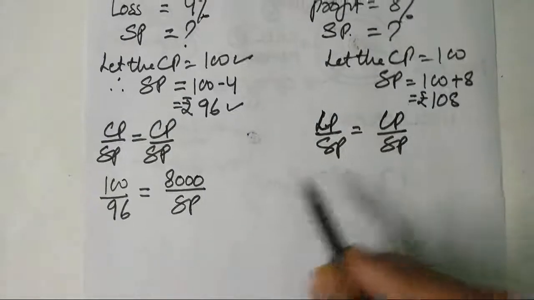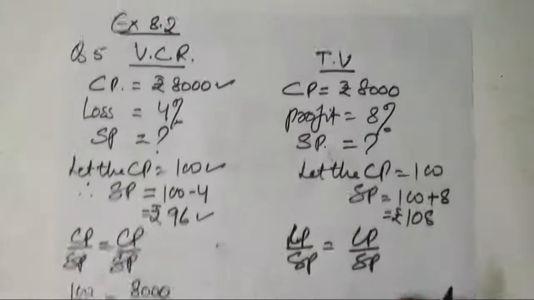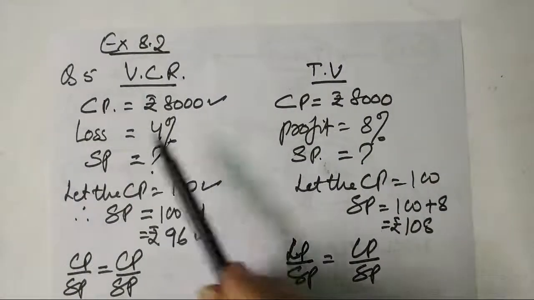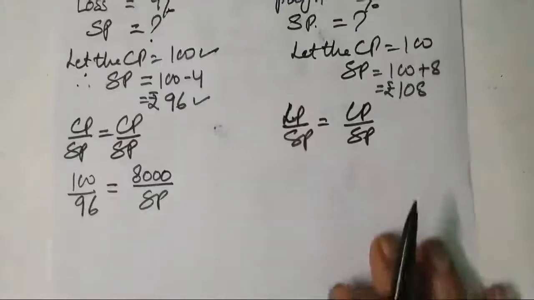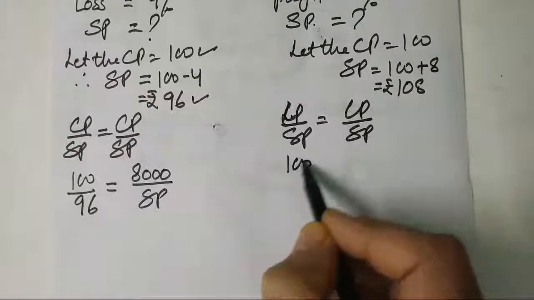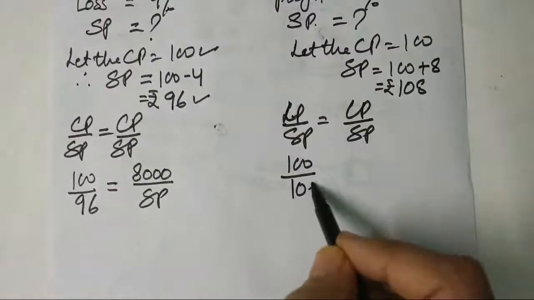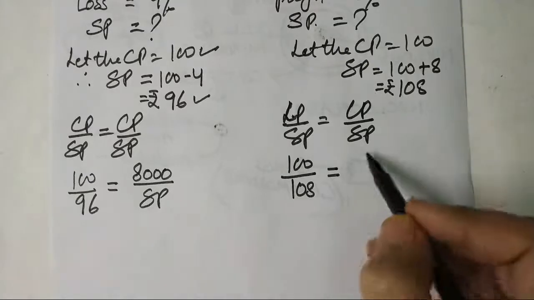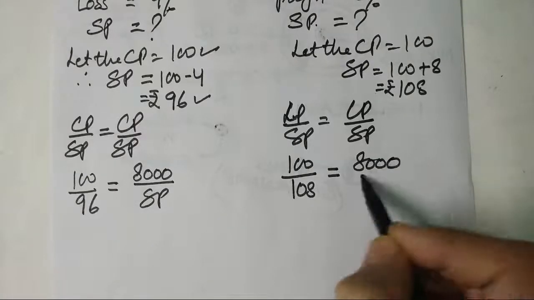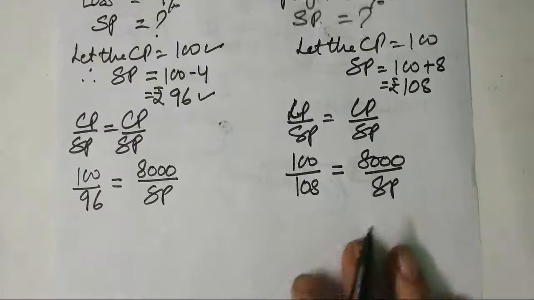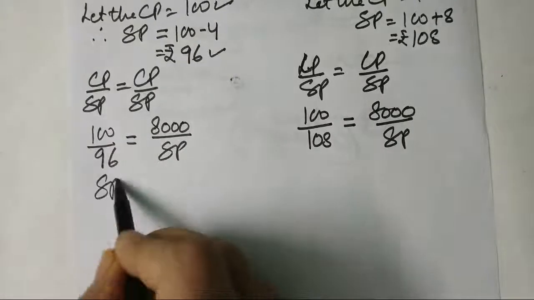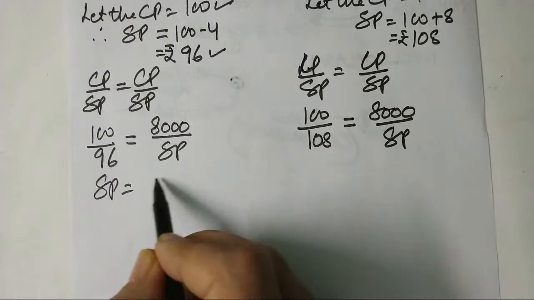Same formula for the part of the television. So we are solving both the parts together. So here CP is 100, selling price is 108 and the CP is 8,000 and selling price is not given. When you cross multiply you will get the selling price.